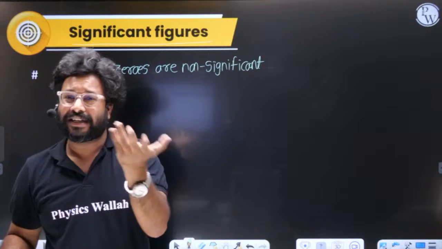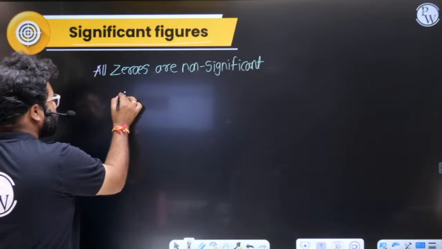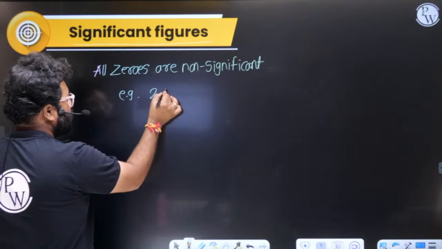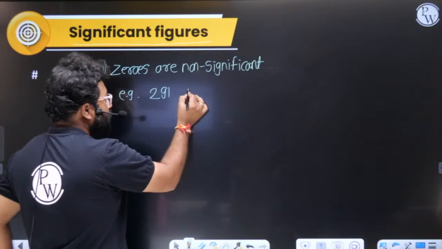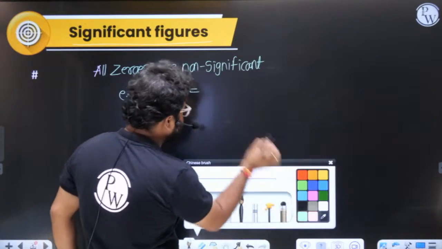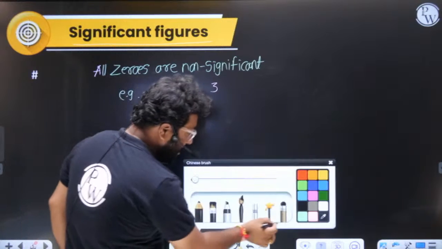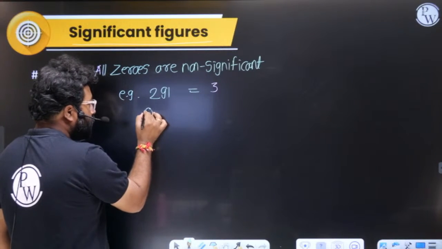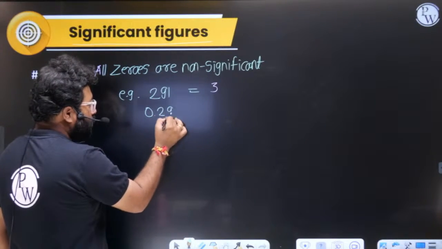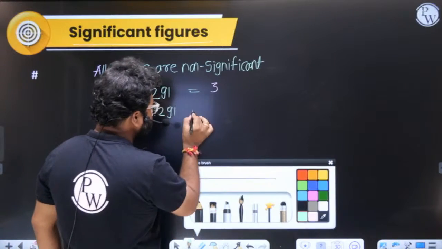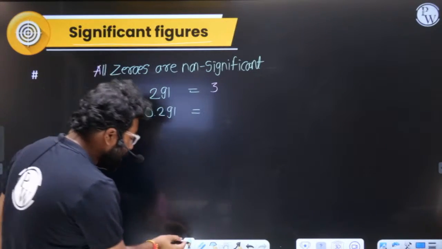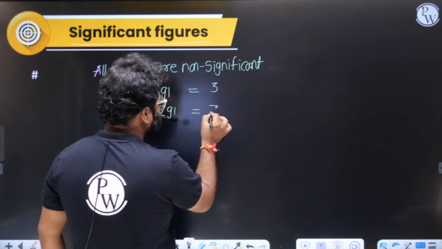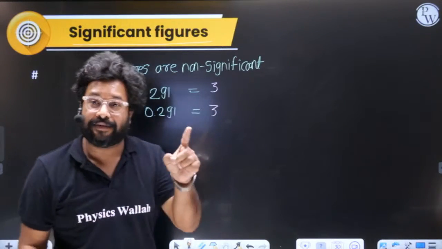Firstly, for example, if you have a number called 291, it has 3 significant figures, right? Similarly, if you have a number called 0.291, in 0.291 this 0 is not a significant number. 291 is significant. So you are having 3 significant figures here.